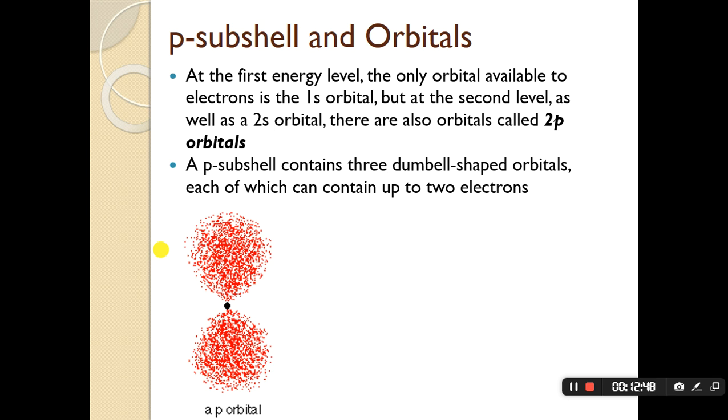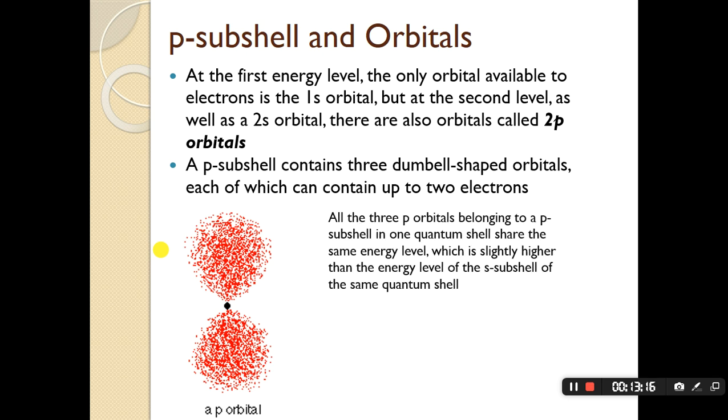So if you were to do the same plotting as we did with the S subshell, if we were to actually take electrons and take snapshots and superimpose them, this is the kind of plot that you would get. It would exist in a dumbbell shaped region around the nucleus. Now this is just one of the orbitals in this subshell. This subshell has 3 such orbitals, and each one is dumbbell shaped.